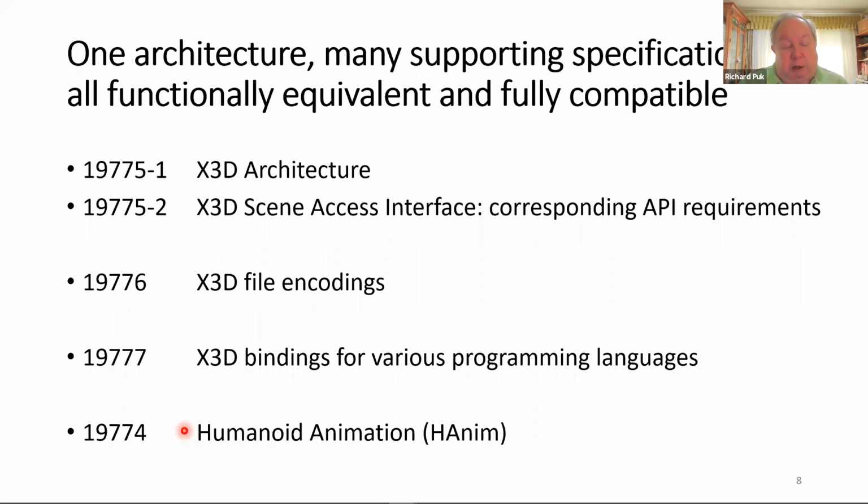The X3D architecture has a component in it that references the humanoid animation standard. So you have all of the capabilities of the HANIM standard accessible from the X3D standard.